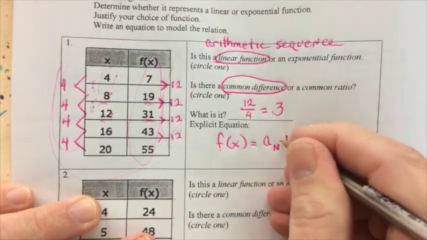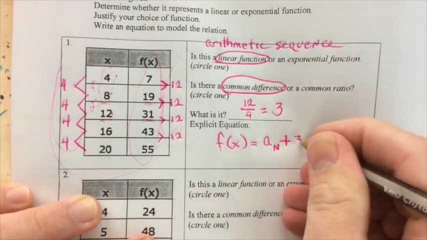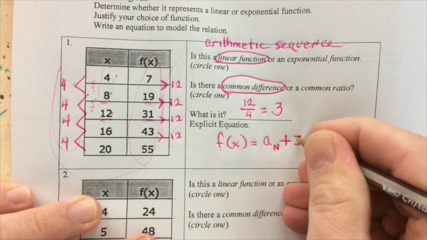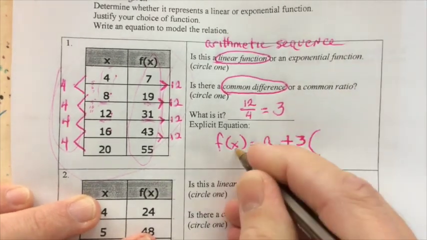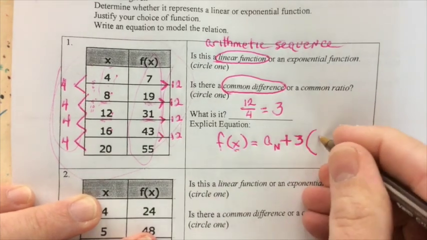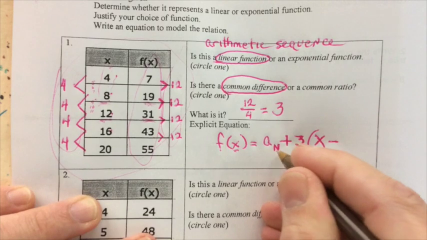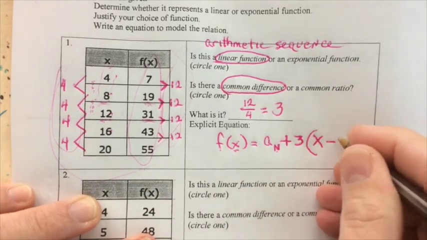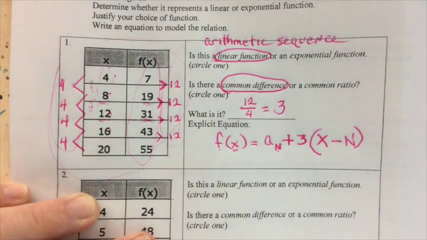Plus, because it's an arithmetic sequence, 3, because that's the common difference, times whatever term we're looking for minus whatever term we're using here.